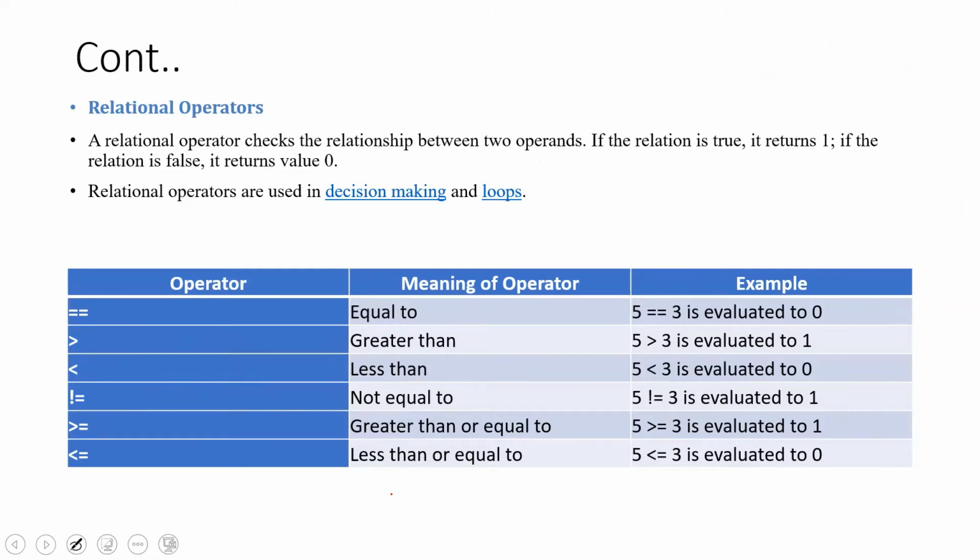Whether you want to approve something or not, whether you want to go one side or not, any decision making will be represented in a program using relational operators. A relational operator checks the relationship between two operands. Operands are nothing but variables or values also. I can say 5 greater than 3.